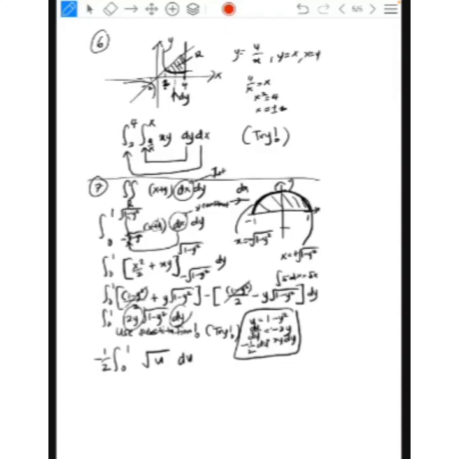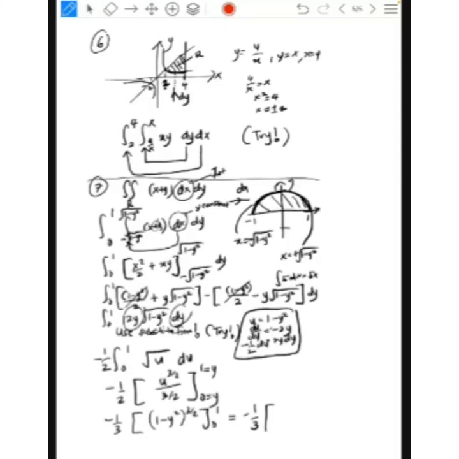Okay, I asked you to try, but then, okay, so negative 1 over 2 here will be u to the power 3 over 2, over 3 over 2. But this 0 and 1 is for y just now, right? So you have to substitute back. Negative 1 over 3. What is u? u is 1 minus y squared, to the power 3 over 2, from 0 to 1. Negative 1 over 3.